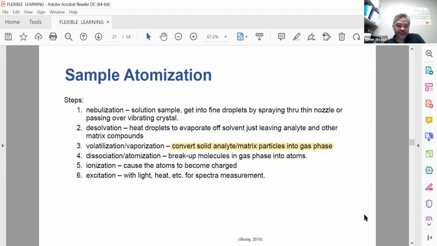And then you have ionization, which causes the atoms to become charged because you have ions. And then you have excitation, with light, heat, and other things, which you use for spectra measurement.